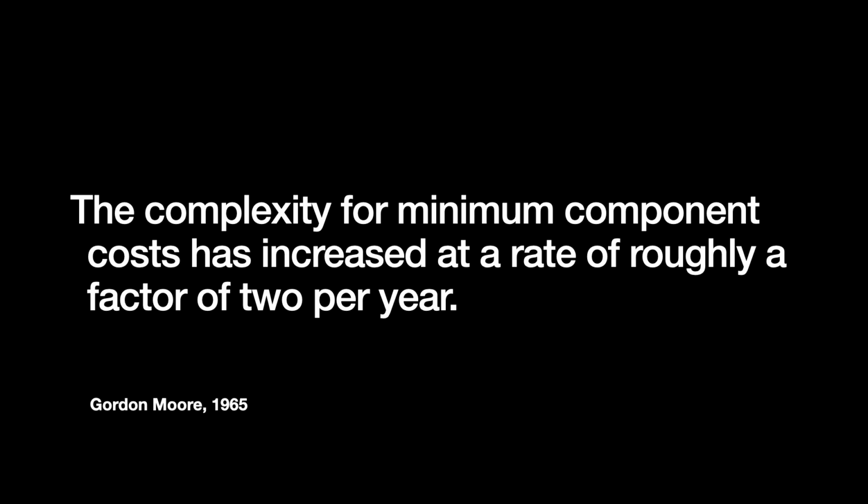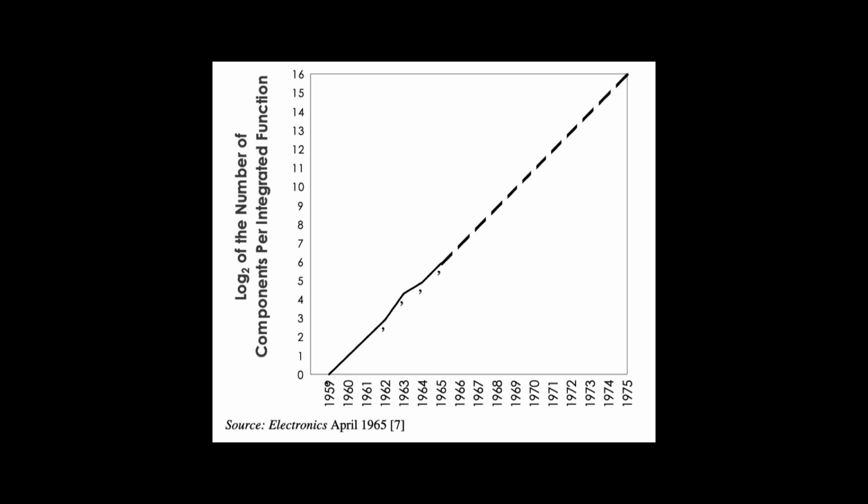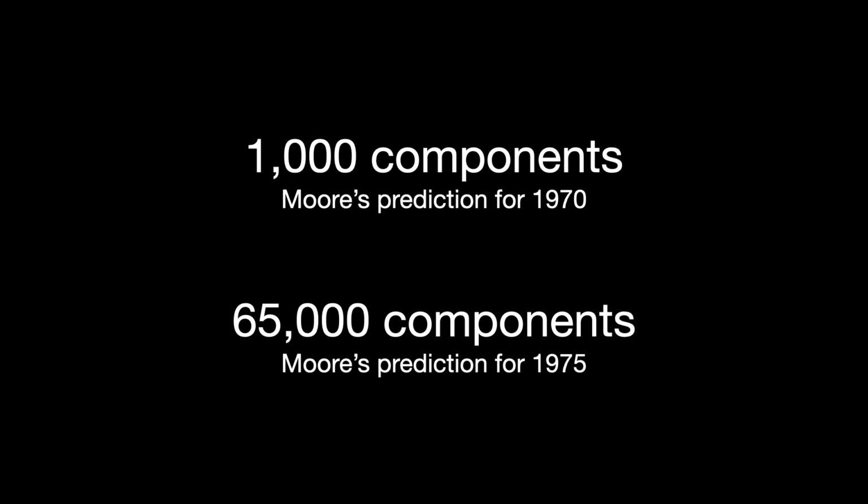He also produced the now famous plot, showing the component counts of Fairchild's IC chips over the past 4 years. Extending out the plot, Moore predicted that in 1970, an economical IC will have about 1,000 components, and then 10 years later, or 1975, an IC would have 65,000 components.